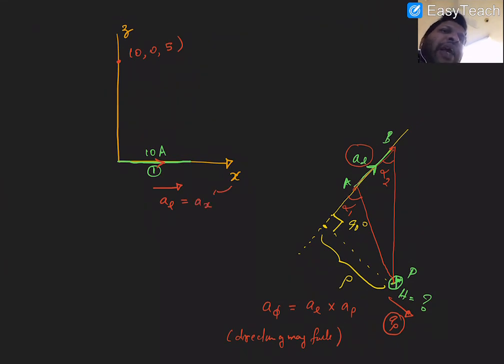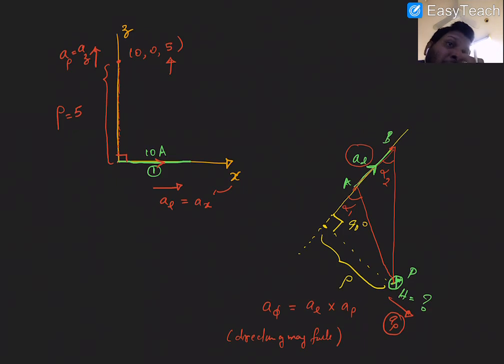And this is my perpendicular distance, my rho. In this case it is along the z axis, and I know the direction of a rho. It is moving towards az, so a rho is equal to az.